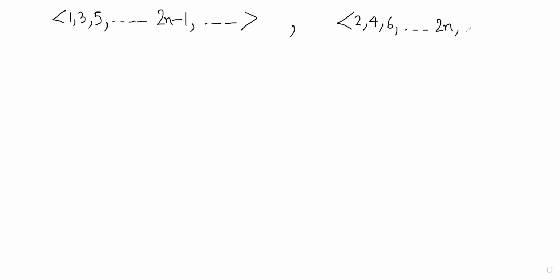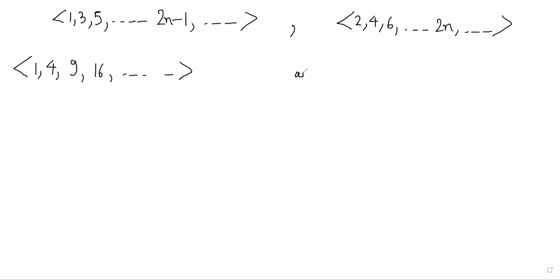For example, 1, 3, 5, 2n minus 1, and so on. 2, 4, 6, 2n, and so on. And let's say one more, 1, 4, 9, 16, and so on.